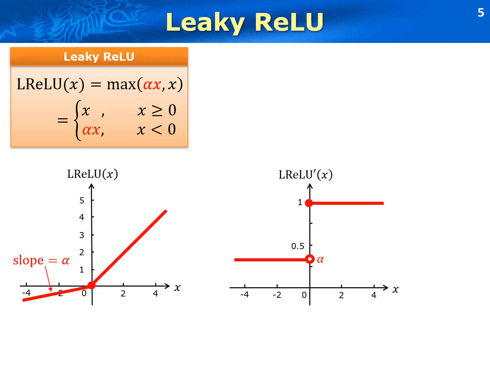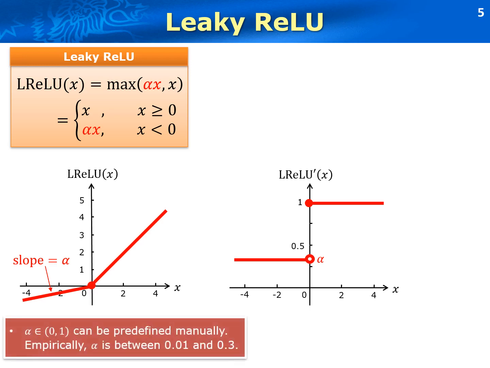In leaky ReLU, the parameter alpha can be predefined by the user, whose value is often set between 0.01 and 0.3. Alternatively, we can also learn the value of alpha during the training to make the function better adapt to other parameters of the neural net, such as weights and bias.